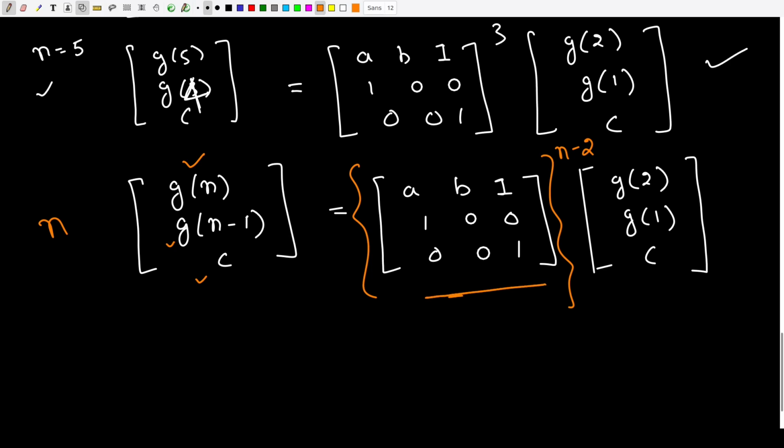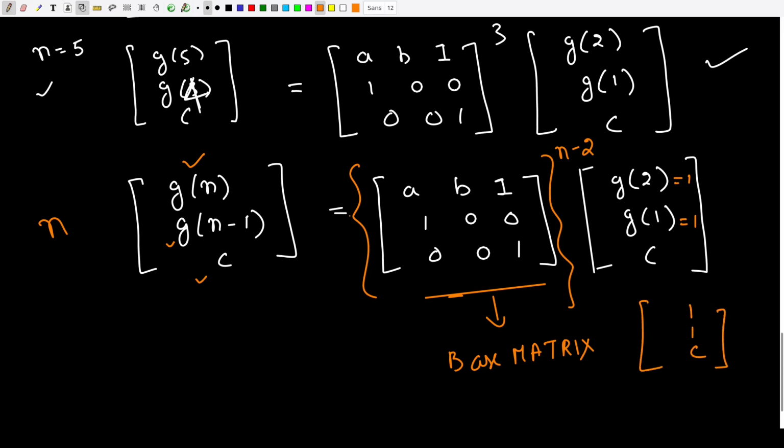So let us call this matrix our base matrix. We have to compute the base matrix to the power n minus 2, and then towards the end the resultant value is what we are going to multiply with G2, G1 and C. Please note G2, G1 is equal to 1, so essentially this will be translated into 1, 1 and C.